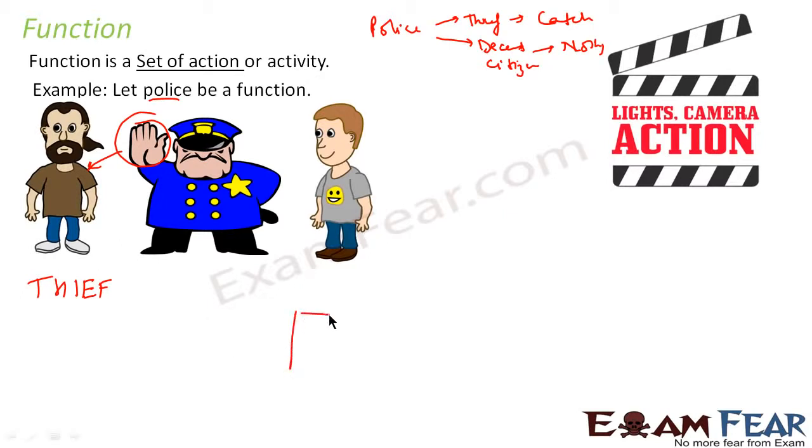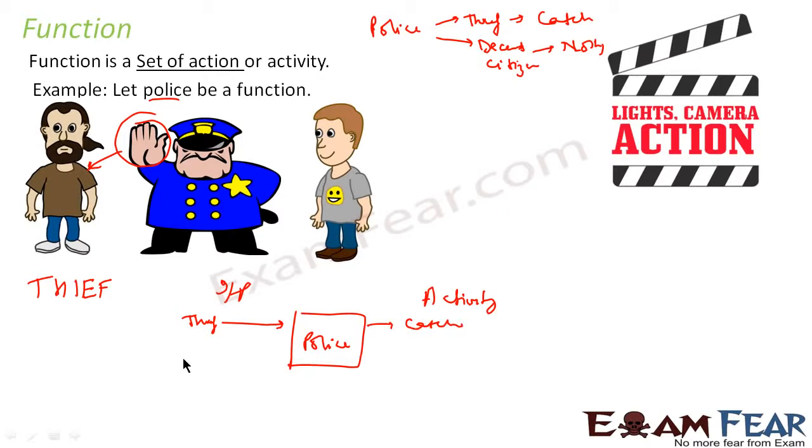Correct? So here I can say that you can assume police as a box or a function which will perform an activity based on input. For example, if I give input as thief, it will catch.